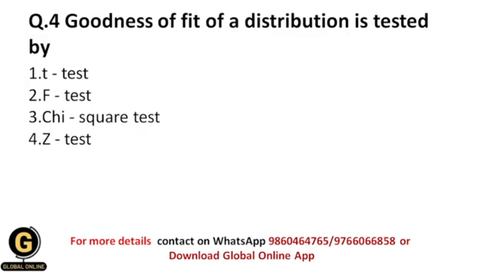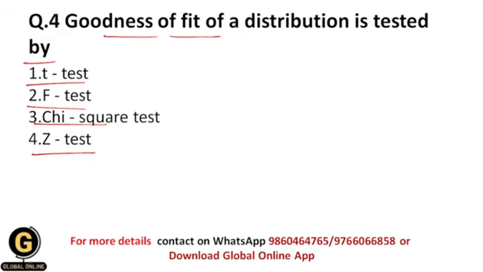Next, goodness of fit of a distribution is tested by which statistical technique? Whether it is t-test or f-test or chi-square test or z-test. So students, let us see first of all what is goodness of fit of a distribution.